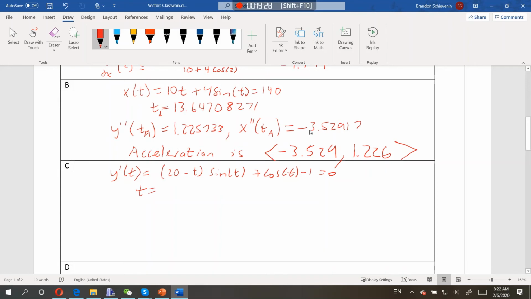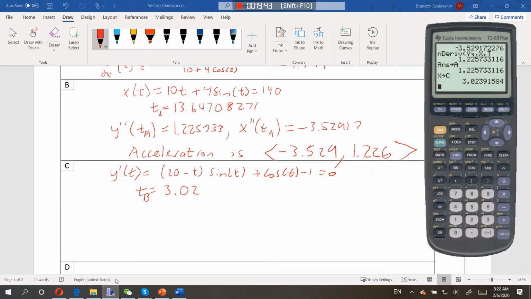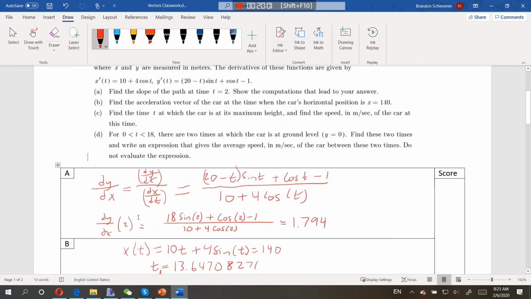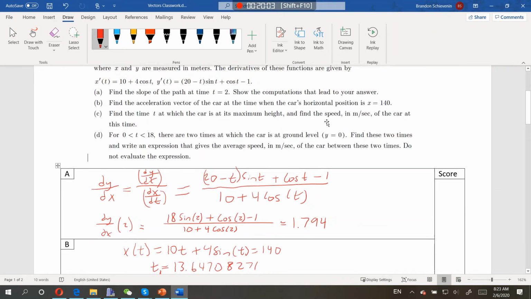T equals 3.024. Okay, so that was the time we're at a maximum height, and then find the speed at that time.